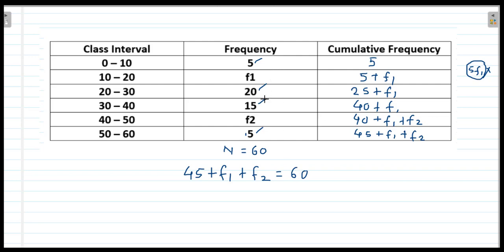This is the first equation you have got. Now we can shift 45 to the other side and you will get F1 plus F2 equal to 60 minus 45, that will be 15, and this is the first equation that you have got. Now we will see further.